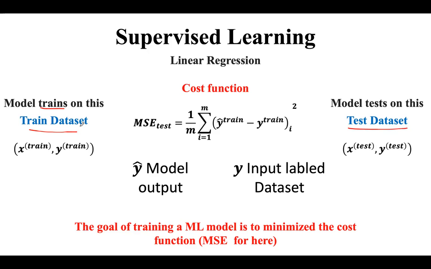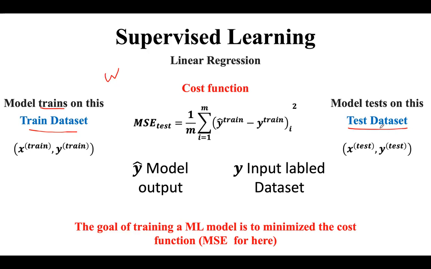Over many iterations, which are called epochs in machine learning, the train data set is fed into the model, and after a while the unknown parameters, the W, will be found. The test data set is used after training a model.